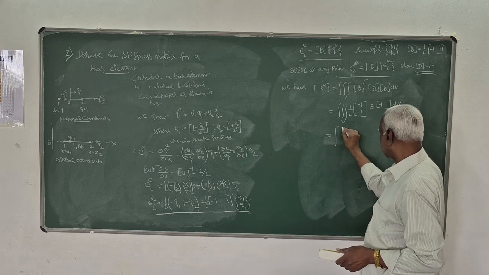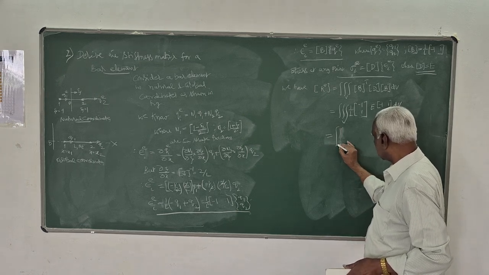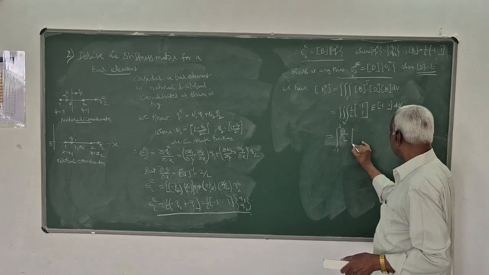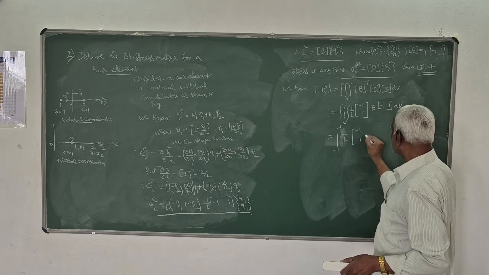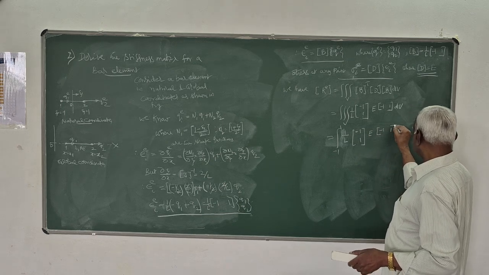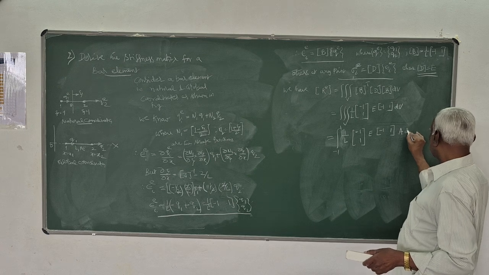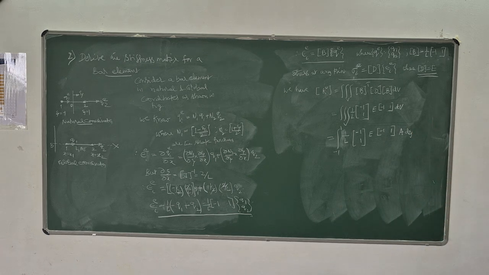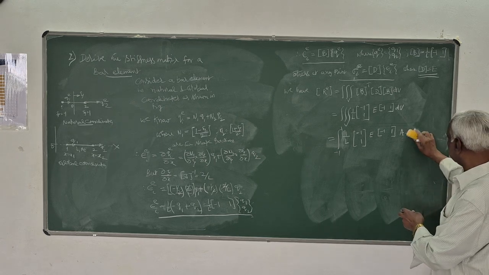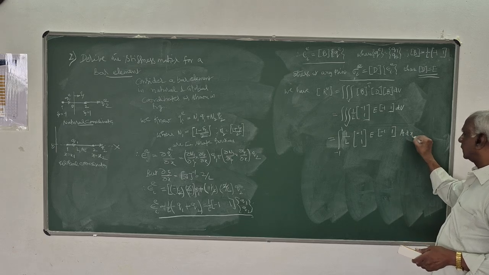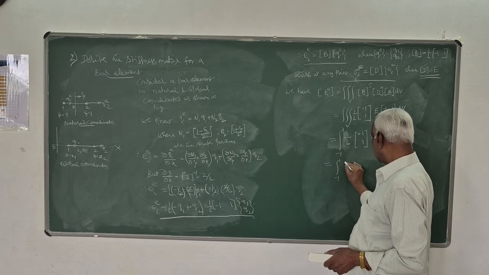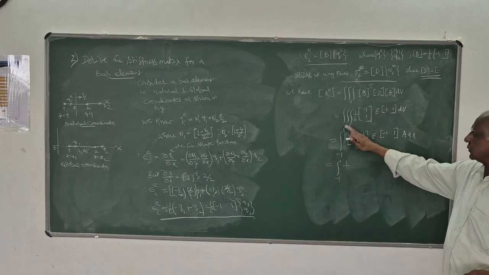In the next step I will convert this into a line integral. Why has this changed to a line integral?